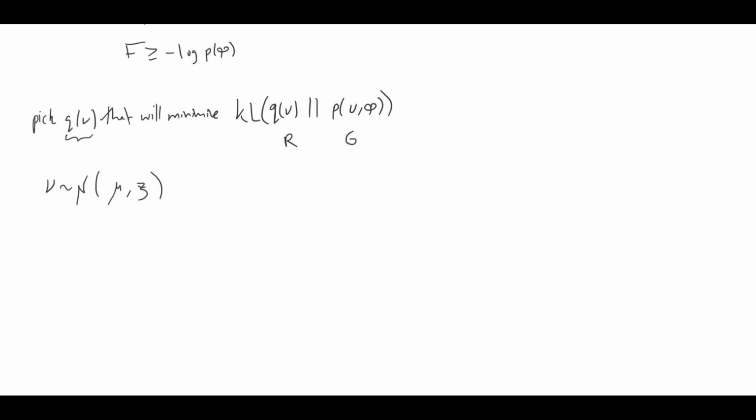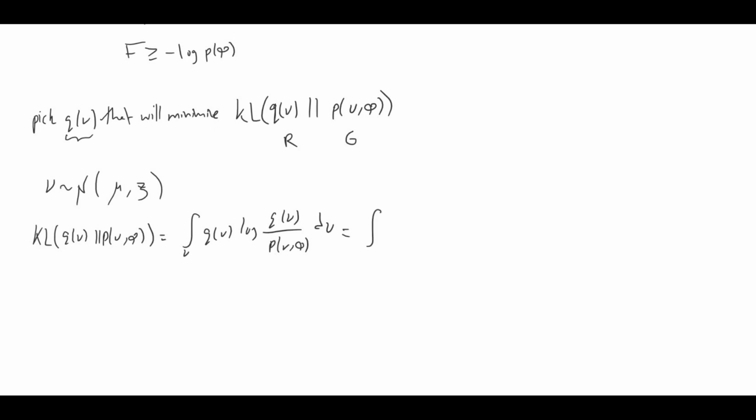And we're going to write down this expression and see where that can take us. So the KL of Q is, by definition, the integral over mu of the following.